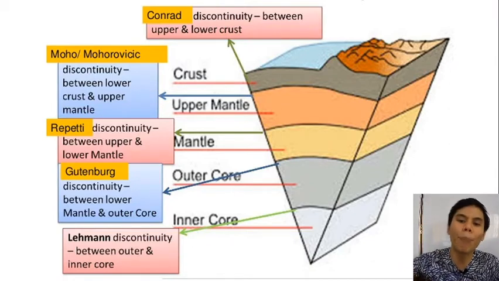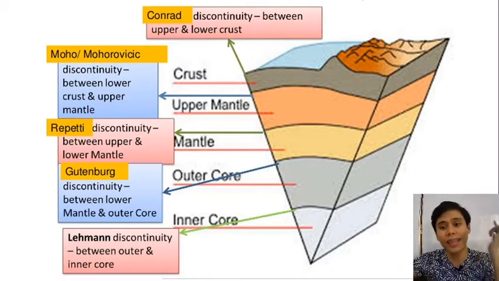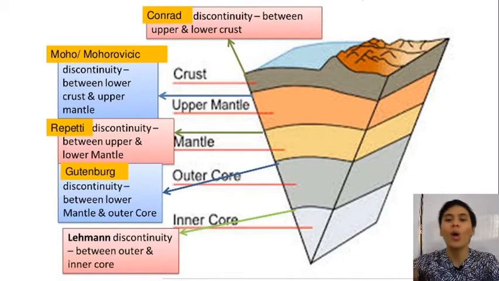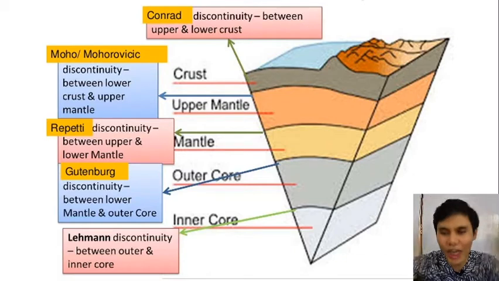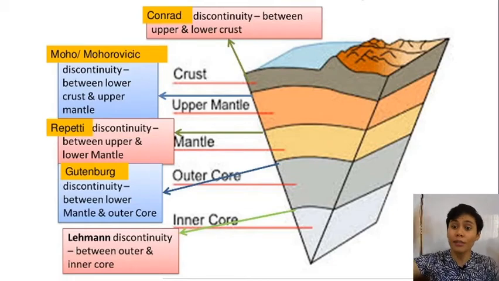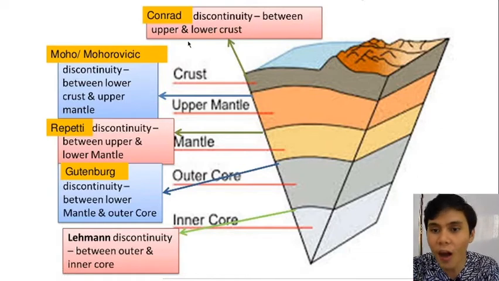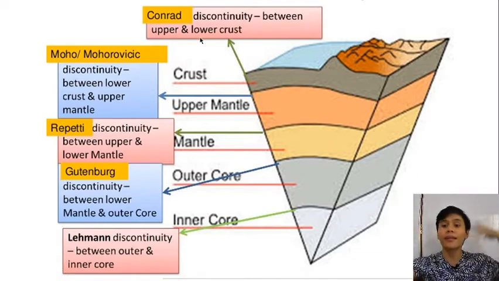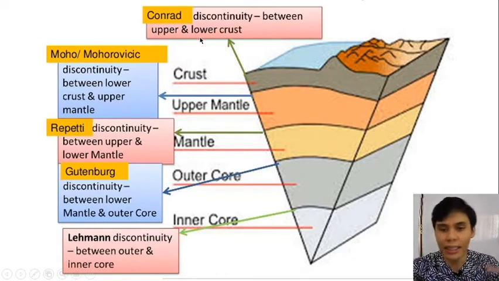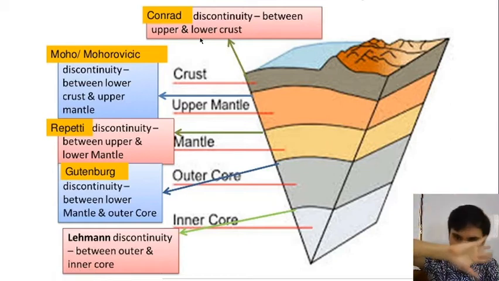So next we have the boundaries between these layers. Again, these boundaries would not have been discovered without the seismic waves changing their speed because of these discontinuities. So these boundaries are called discontinuities, and we have five. We have the Conrad discontinuity. It's between the upper and the lower crust. But you don't really need to remember that. So you can forget Conrad.